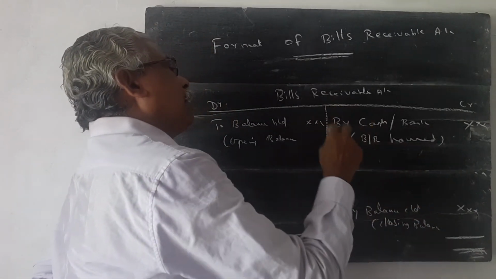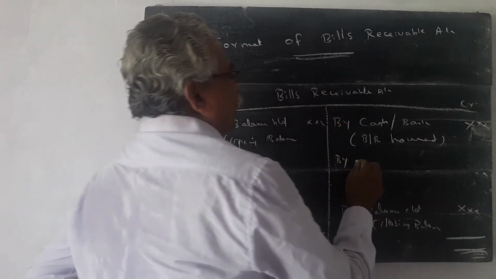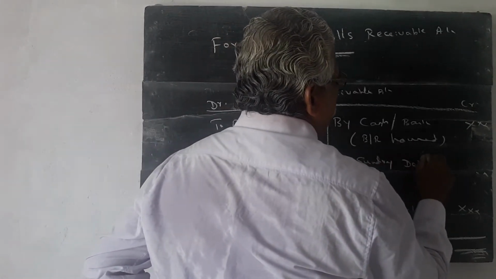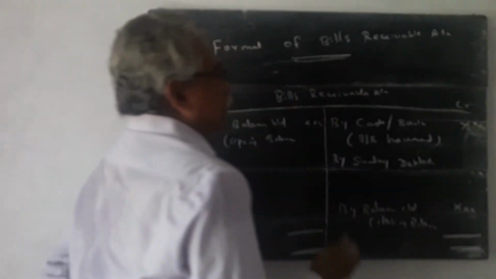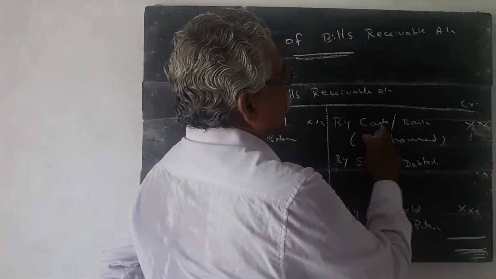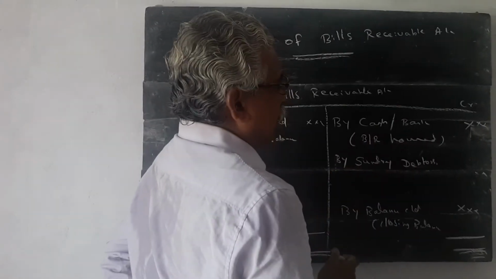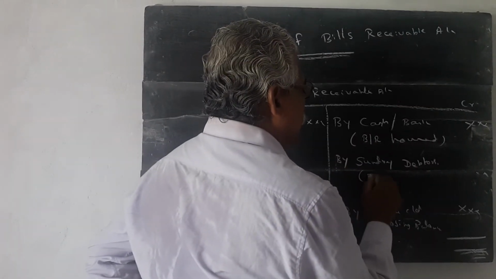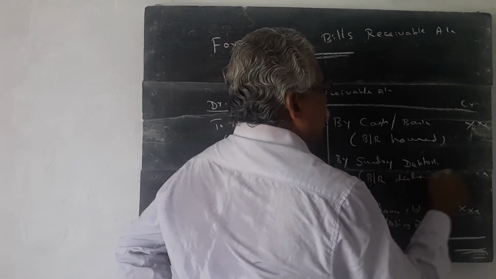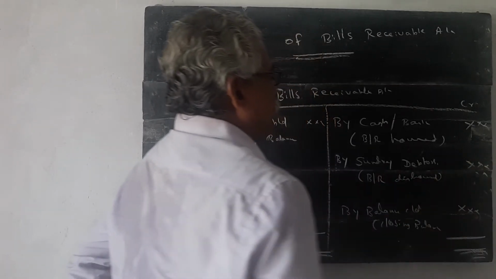If any bill is dishonored, we write the words sundry debtors. Any bills receivable honored, we write cash or bank, because we received the money. If any amount is not received, that means bills receivable dishonored, it is entered as sundry debtors.